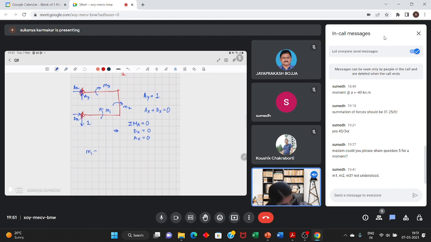So m1 is equal to minus 1 kilonewton meter. Just imagine this portion. This is m1 and you have a vertically downward load of 1 kilonewton, and this is X1. So you have a hogging moment of minus 1 into X1, so minus X1.